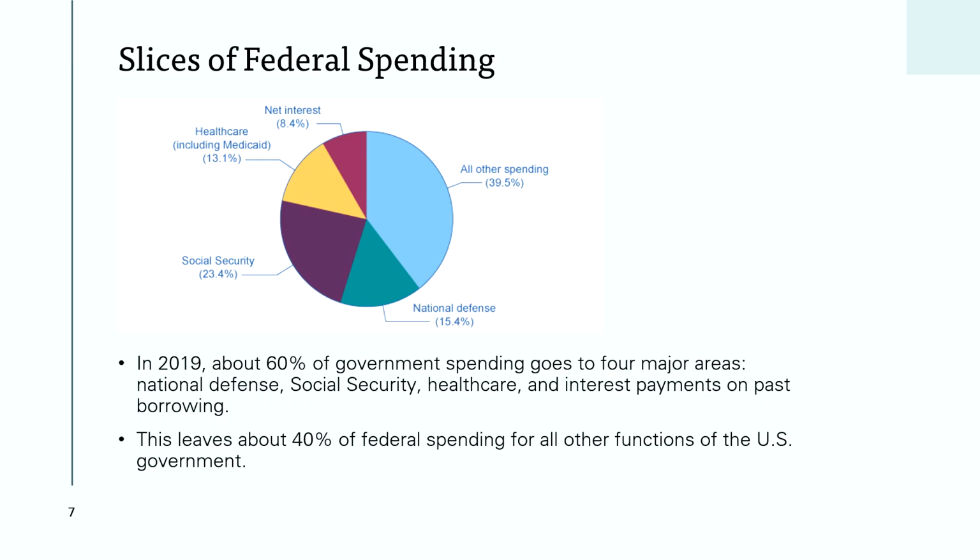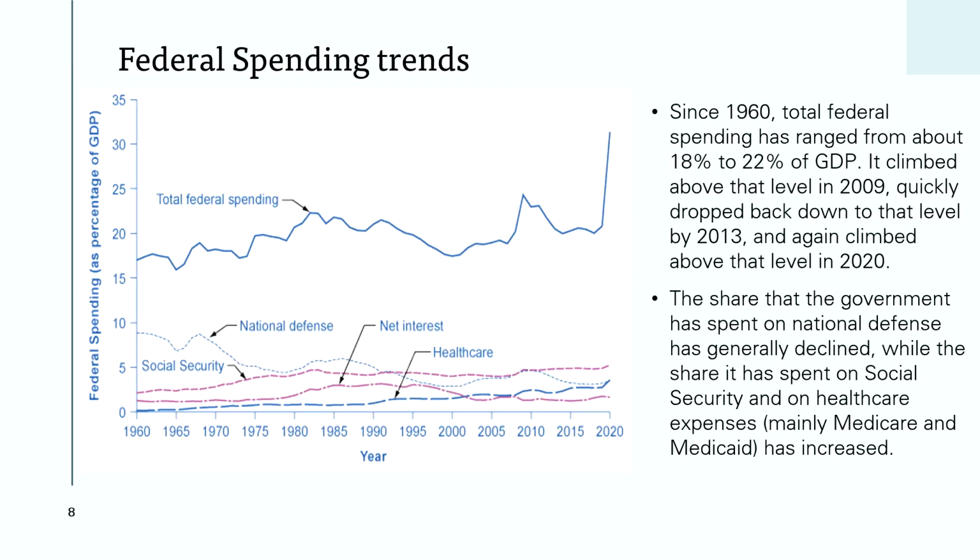All other spending, including transportation, education, international affairs, and science and research, takes up about 40%. This breakdown helps us understand why adjusting the federal budget is challenging. Most of the budget is devoted to large, politically sensitive programs.